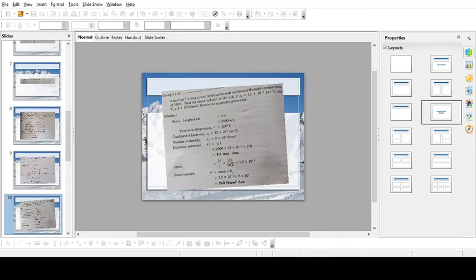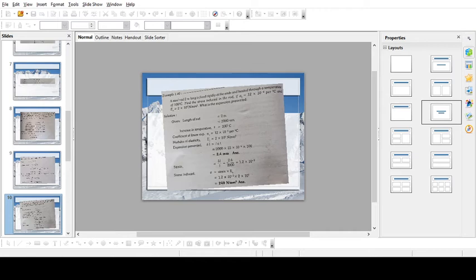Now calculate the stress in the steel and copper if the compound bar is heated from 15 degrees centigrade to 215 degrees centigrade. So take ES is equal to 2 into 10 to the power 5 Newton per mm square. Alpha S is equal to 12 into 10 to the power minus 6 per degree centigrade. EC is equal to 1.2 into 10 to the power 5 Newton per mm square.